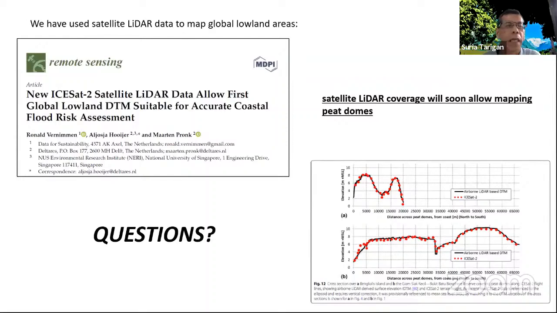So one important result from this research is that, as you mentioned before, millions of hectares of land in the eastern part of Sumatra are below 2 meters above sea level.